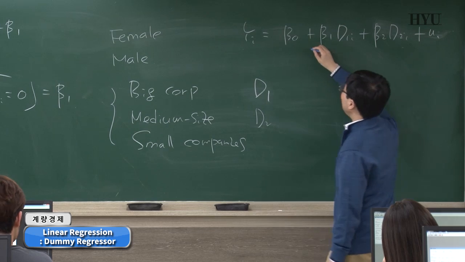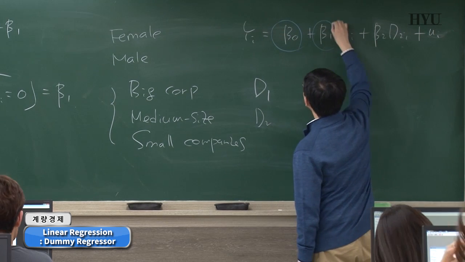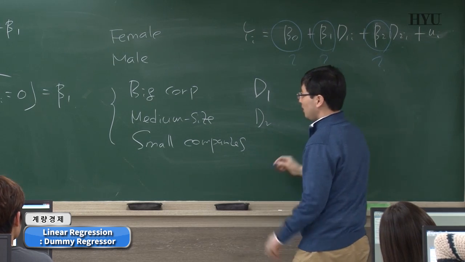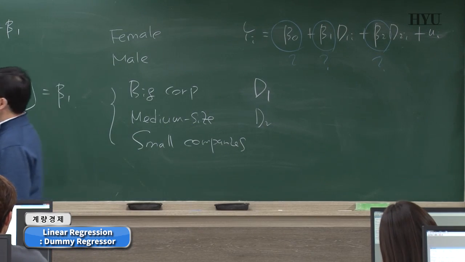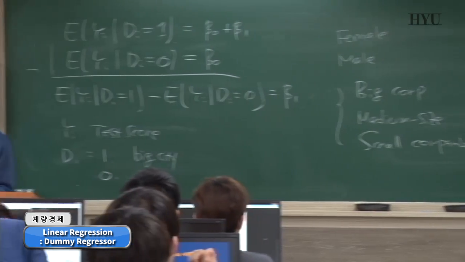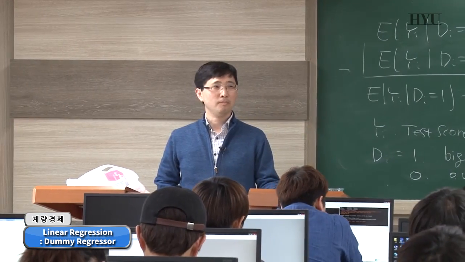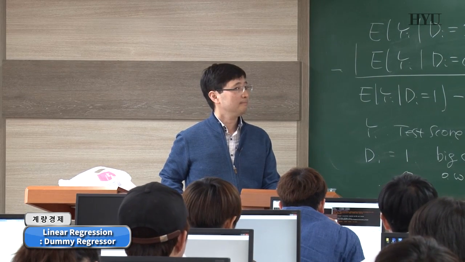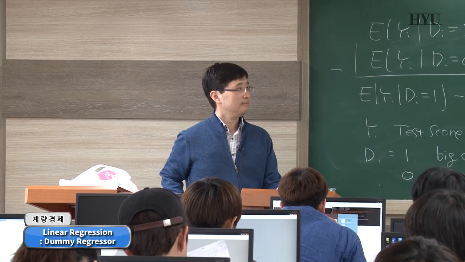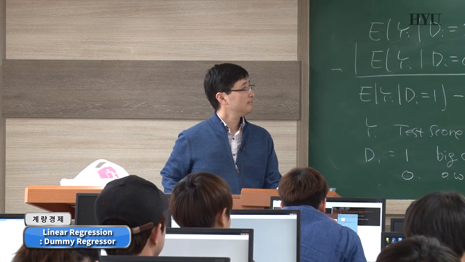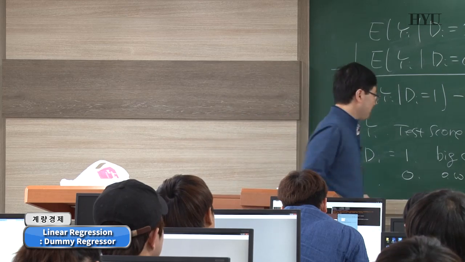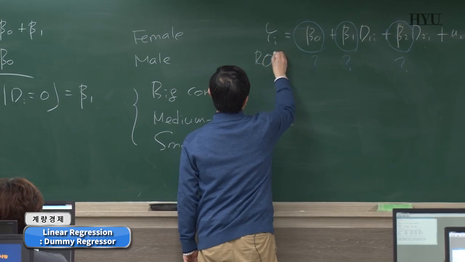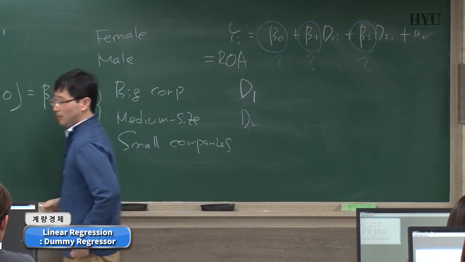Now, can you imagine the meaning of intercept and beta 1 and beta 2? You don't have to answer it now. Just think about it, okay? Using the intuition you have. So Y is the ROA, return on assets.